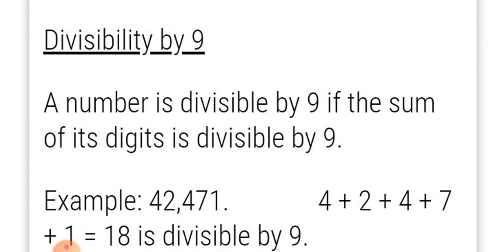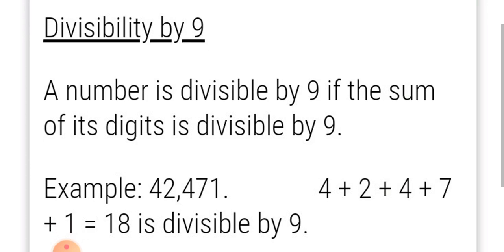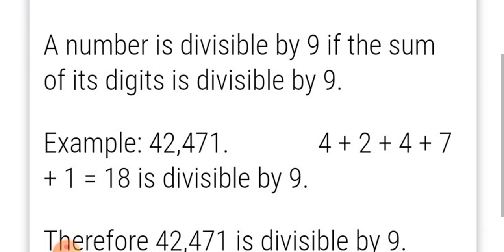In the same way, we learned one rule for the number 3, isn't it? We added all the given digits and checked whether that sum is divisible by 3 or not. So here for 9 also, we add all the given digits and check whether that sum is divisible by 9 or not.